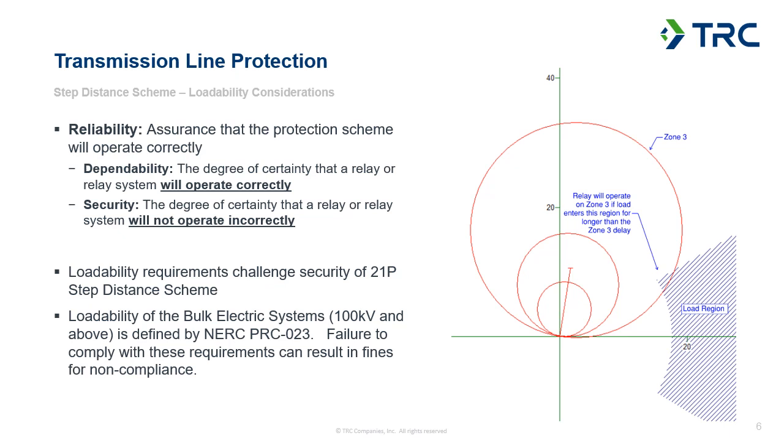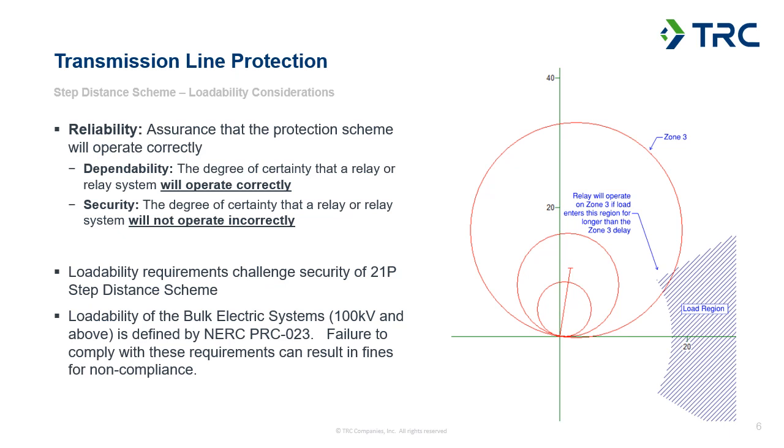And if it stays there for longer than the zone 3 timer, which would typically be about a second, the relay is going to trip off for that load condition. So we need to take a look at that and maybe consider ways we can adjust our settings and modify our scheme to prevent that from happening.